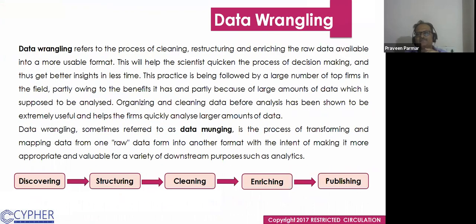Second is data wrangling. Data wrangling is where we have to discover the data, from where we could get the data, and structure the data, clean it, enrich it, publish it. Wrangling runs from searching out the data up to the publishing.